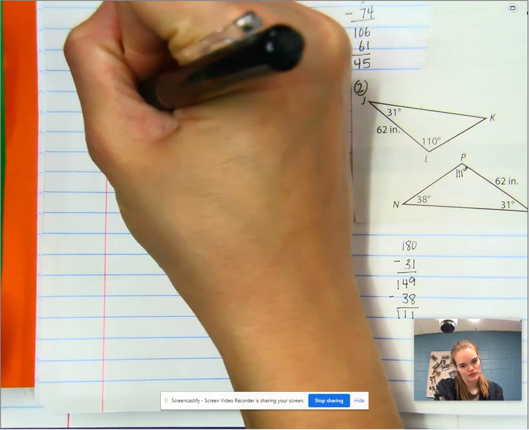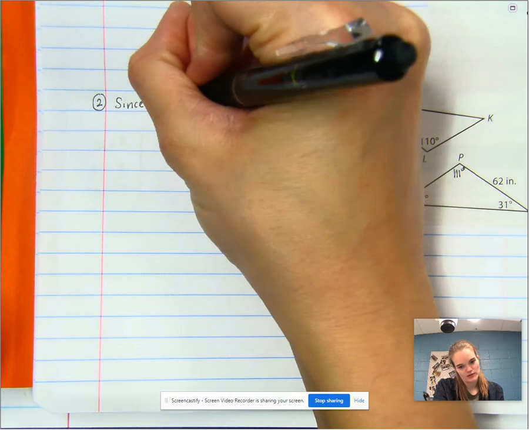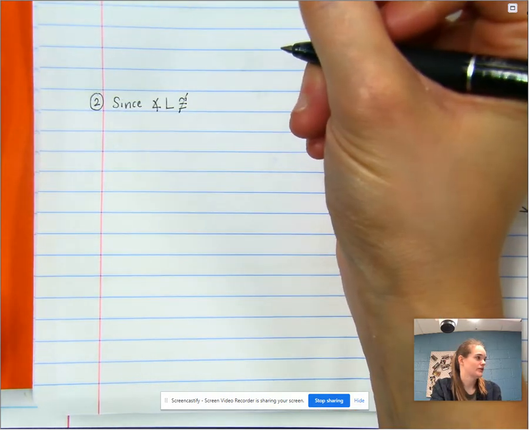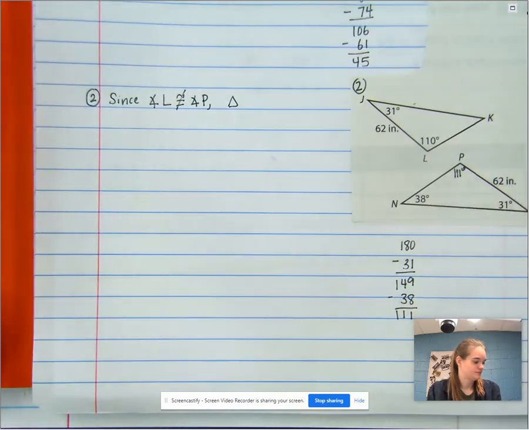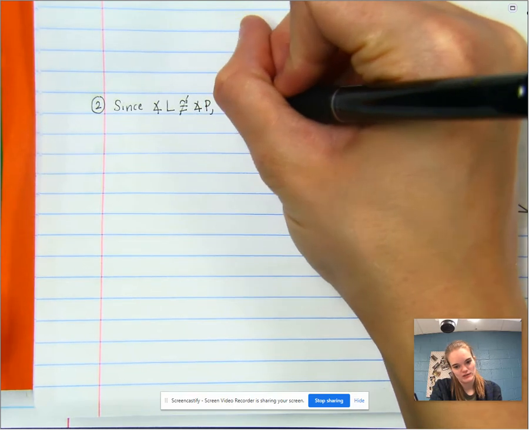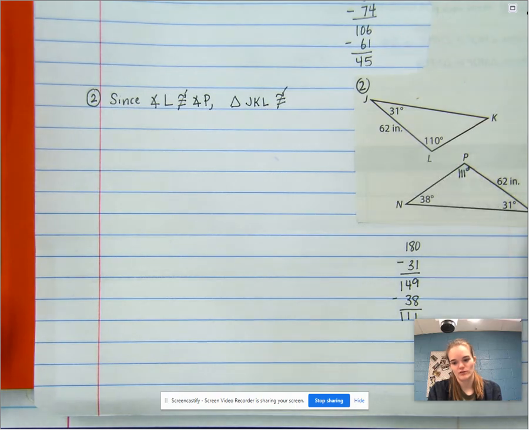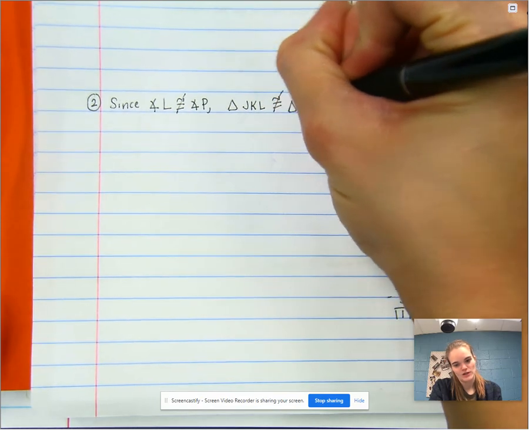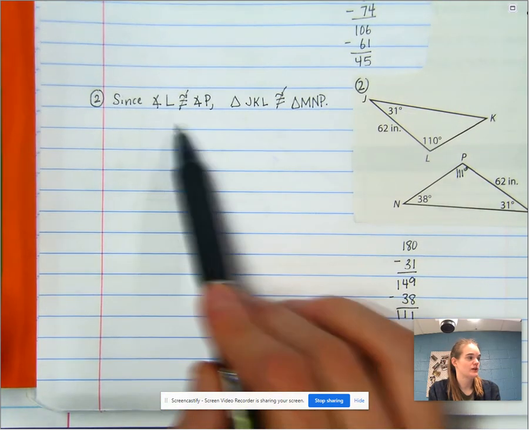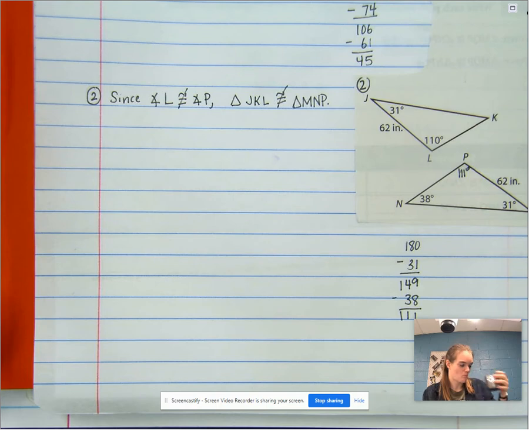So, since angle L is not congruent, symbol with a slash through it, to angle P, triangle JKL is not congruent to MNP. If it's not congruent, you need to say which piece isn't congruent that tells you the triangle is not congruent. You don't have to list them all out then.